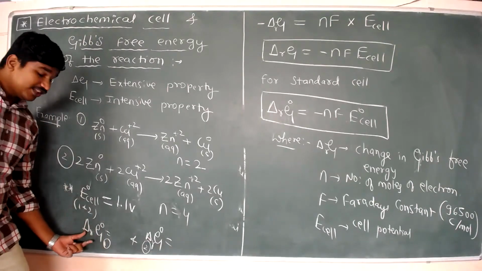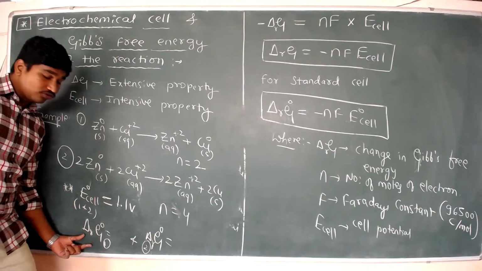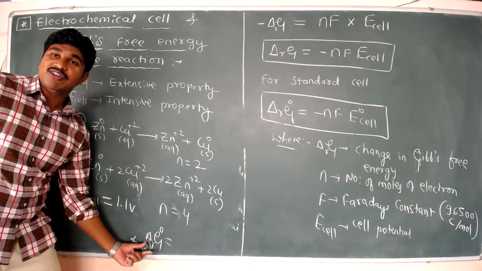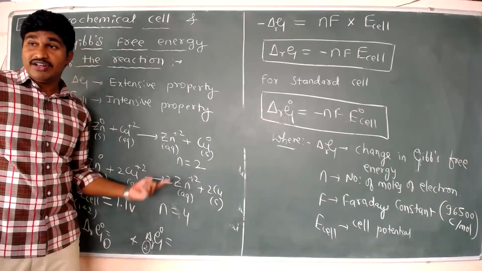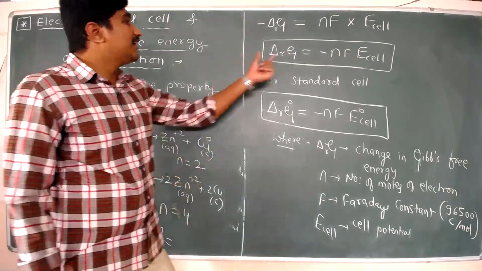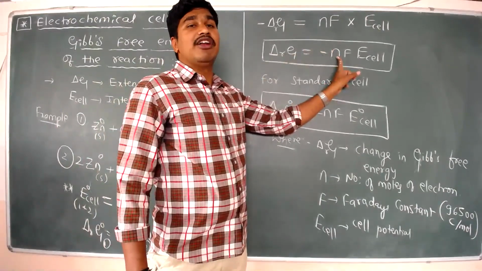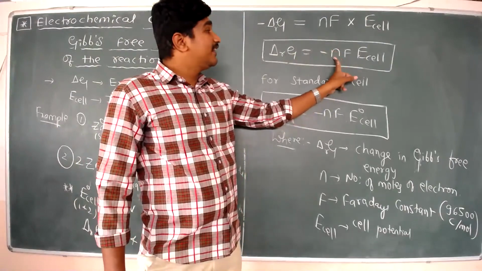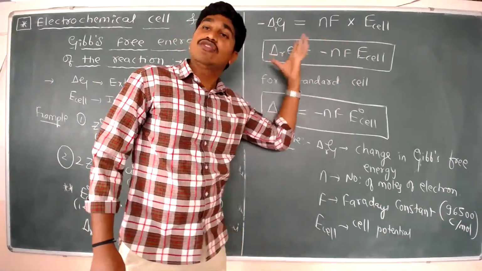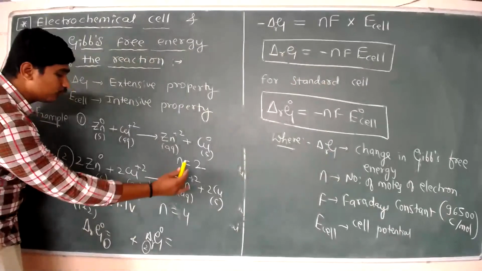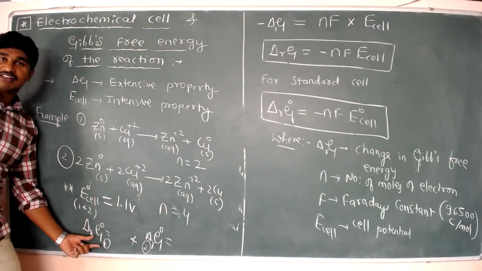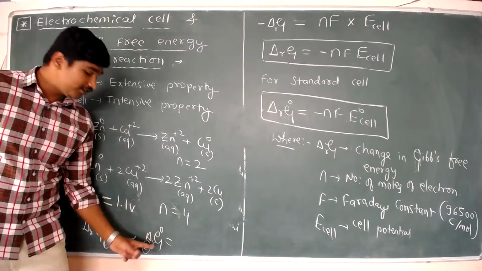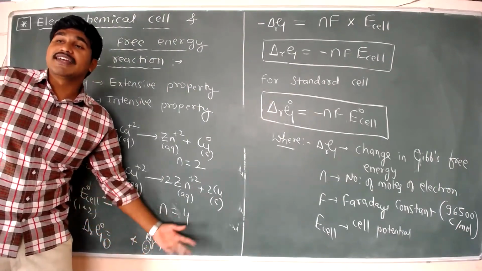That is, the change in Gibbs energy for the first reaction is totally different from the change in Gibbs energy for the second reaction because the n value is changing. Delta G value depends upon the n value. As the n value changes, delta G also changes. Here n is equal to 2, here n is equal to 4. Therefore, delta G naught for the first reaction is totally different from delta G naught for the second reaction.